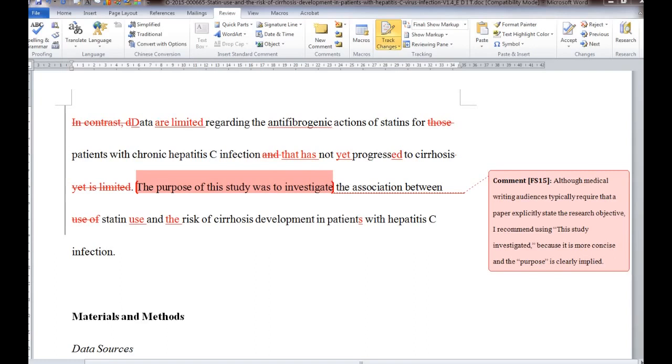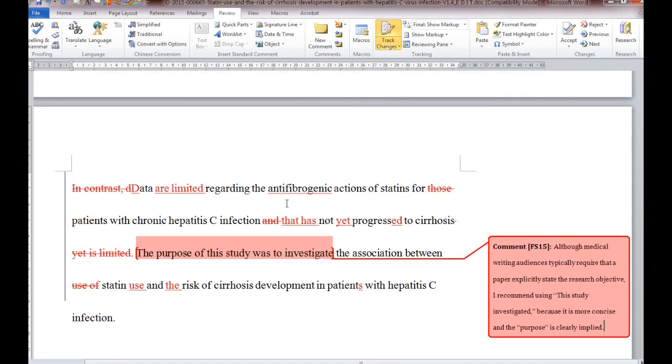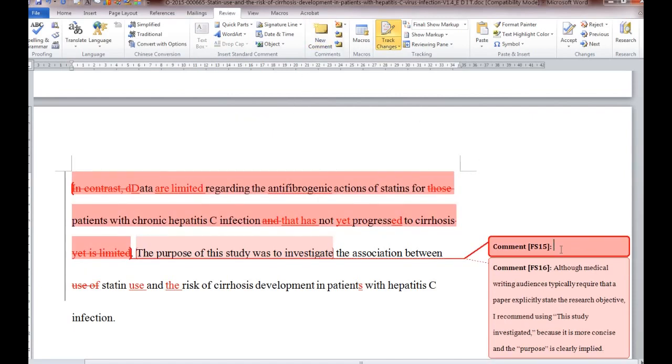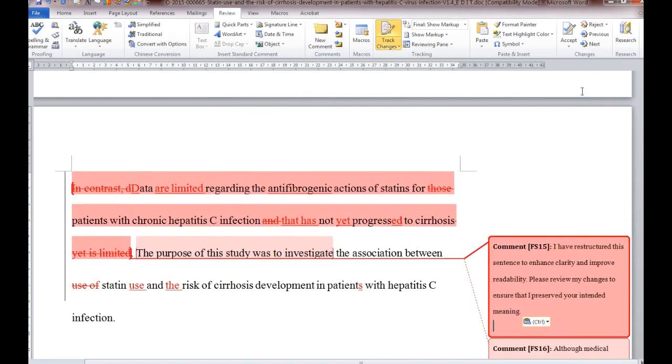These changes speak for themselves, but here, this is minor, but I usually like to let the author know one concern regarding medical writing. Okay. Medical writing audiences typically require a paper to explicitly state the research objective.